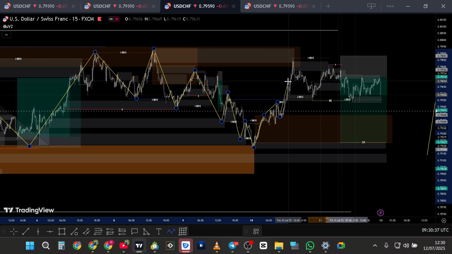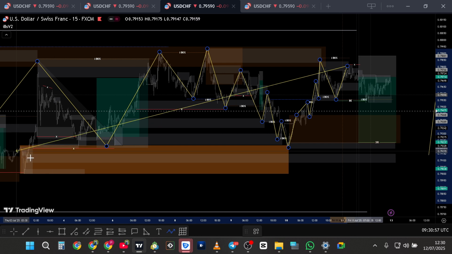So right now what's happening for me is I had this low being broken, okay, and price is trying to give me a vibe of maybe coming down, and so I'll be expecting this low to be broken and price to at least come down to some level of demands here, or also this demand that was left and mitigated because of this liquidity.